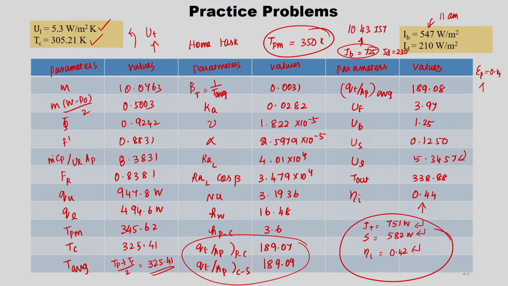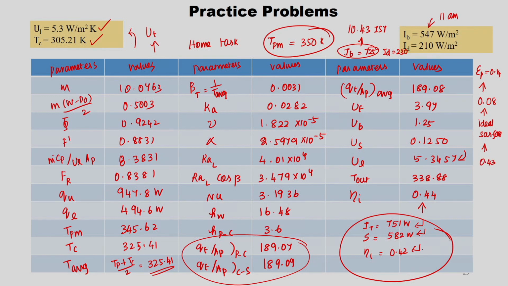Instead of 0.14, if you assume 0.08, that is supposed to be called an ideal surface. Ideally it should be 0, right. If the emissivity we take is 0.08, then you would get efficiency as 0.43.